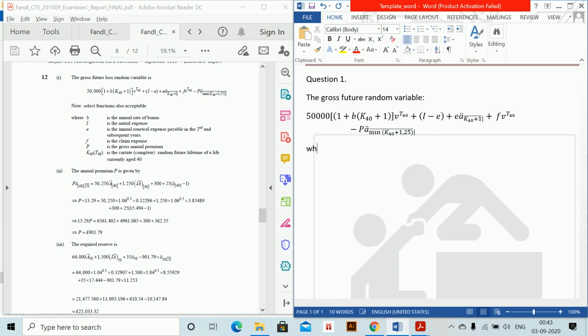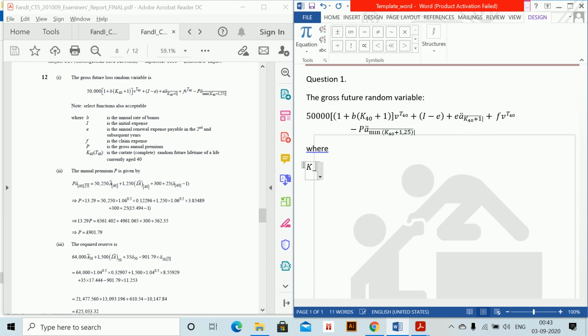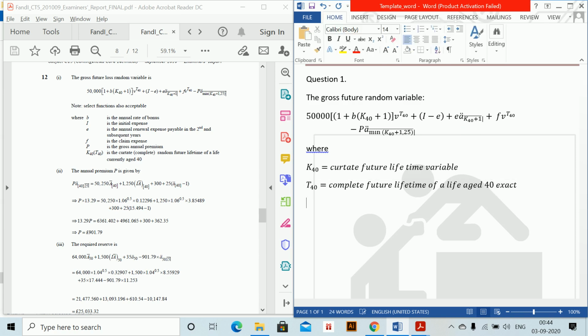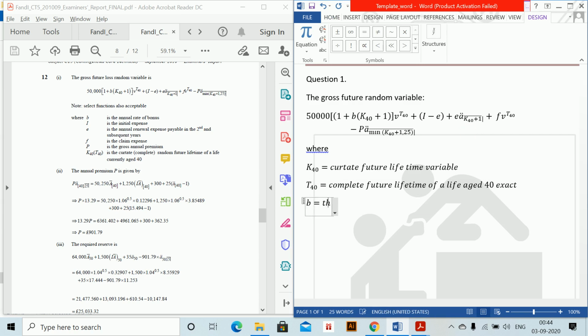Now where we have K_40 is the curtailed future lifetime variable. Then we have T_40, which is the complete future lifetime of a life aged 40 exact. b is the annual rate of simple bonus.